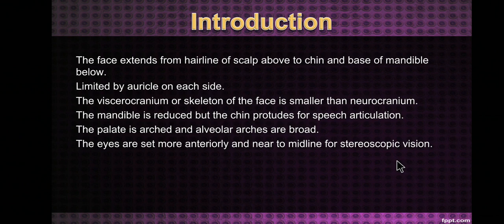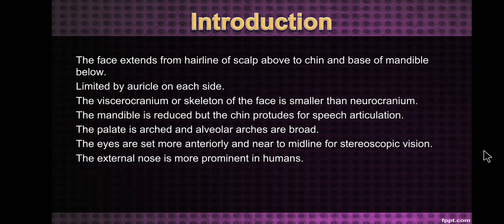If the eyes are set more laterally, then the right eye can see something which the left eye cannot see, and what the left eye sees, the right eye cannot see.